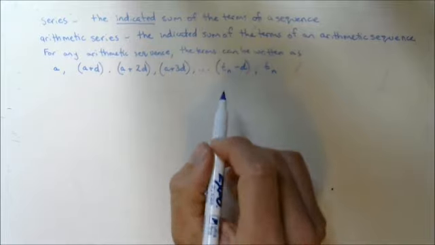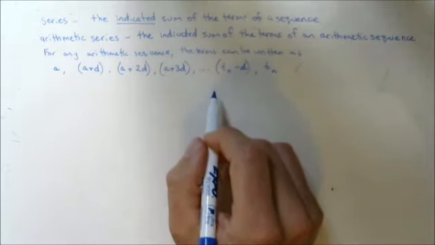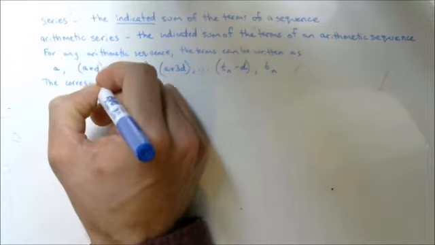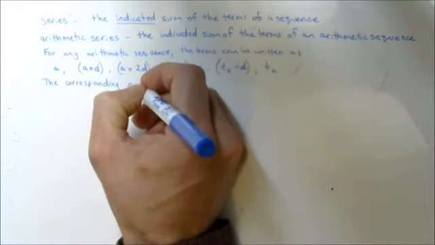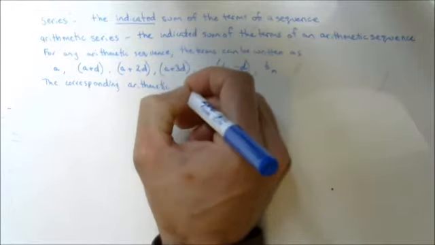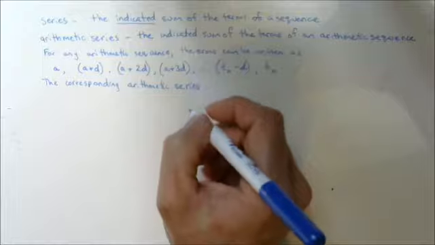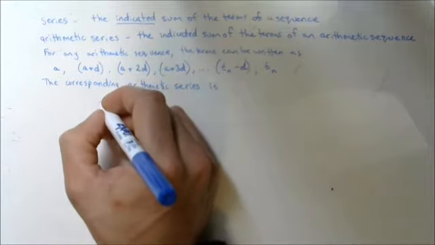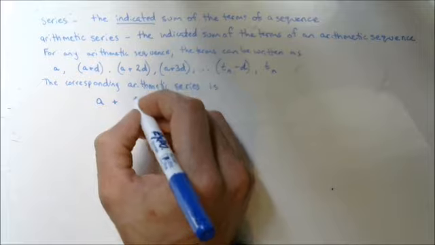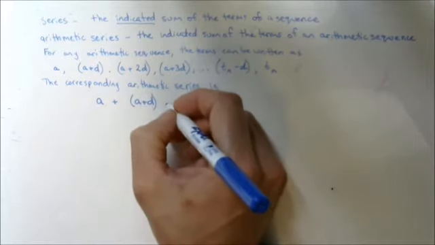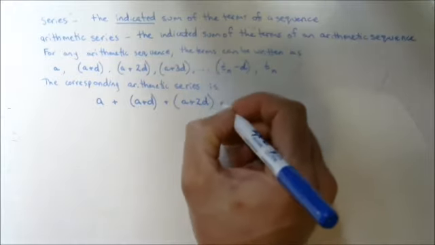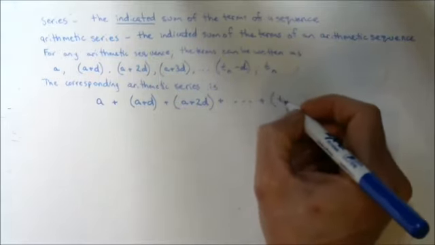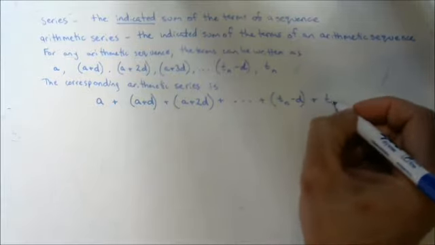Okay? Well, if this is true about an arithmetic sequence, then the corresponding arithmetic series is a plus a plus d plus a plus 2d plus dot dot dot, a whole bunch of terms in between there, and then our last two terms, t sub n minus d plus t sub n.